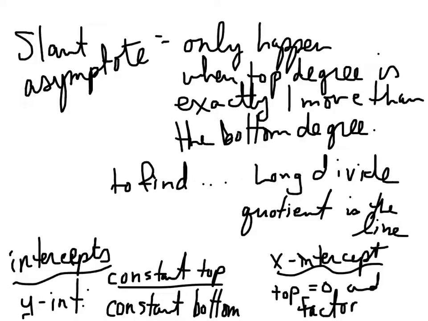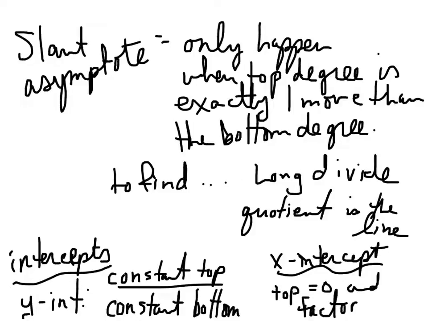So that's what we're doing to find the x-intercept: we're going to factor the top and then set it equal to 0, and then put those on there. The more points you can actually put on there, the better, therefore the more accurate you're going to be when you draw them.